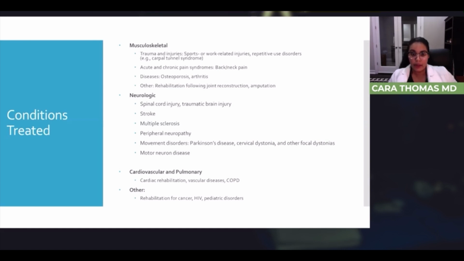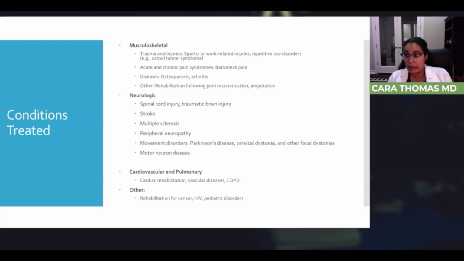In terms of the neurological aspect, we see a lot of patients with spinal cord injury. That's actually my specialty. But you can also see patients who have had traumatic brain injuries from car accidents, strokes, other types of movement disorders, multiple sclerosis. We also see patients who've been debilitated, so patients who may have undergone a CABG or a bypass surgery for their heart, or who suffer from COPD.